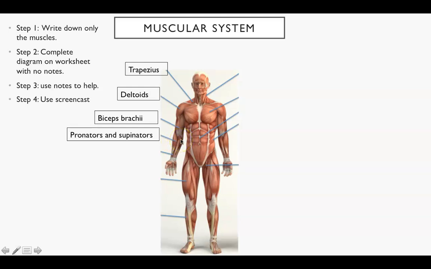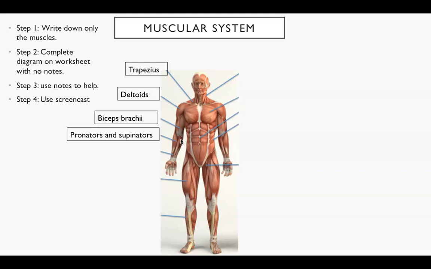If you held your hands out in front of you, as if you were holding a bowl of soup, that position your hands are in is supination, and that is done by the supinators. If you turned your hands over so your palms were facing the floor, your pronators made you do that movement, and that movement is called pronation, which we'll be discussing when we do this unit in September.